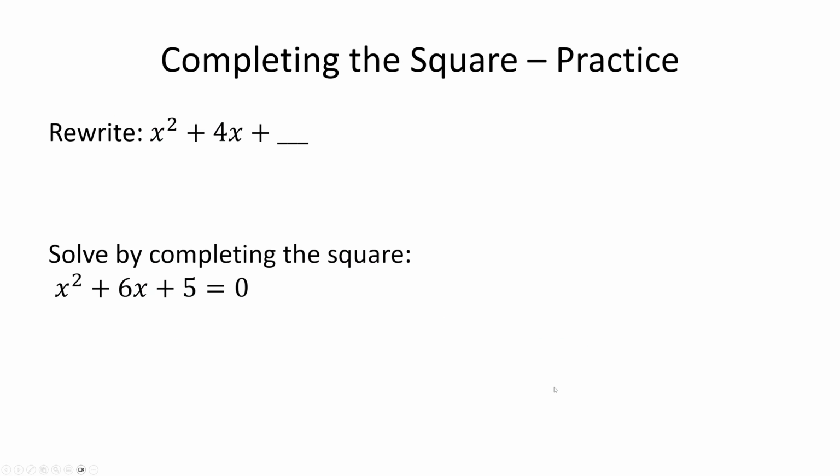And finally, we have to do something called completing the square, right? So completing the square takes a little bit more work here. So what is completing the square? Completing the square is like when we have a quadratic like this one that we cannot factor yet because there is no number here that makes it factorable, or we can't find factors, right?